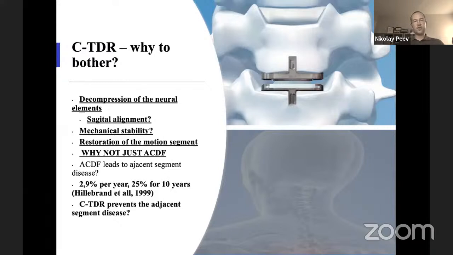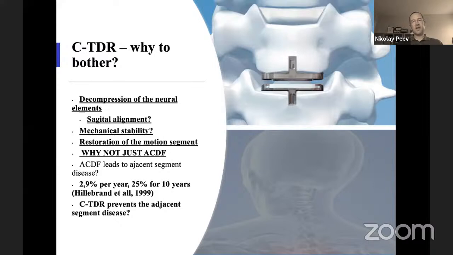What we have to do with the surgery is try to restore the sagittal alignment in case it's distorted. We have to achieve or restore mechanical stability in case we have problems with that. Restoration of the motion segment. Obviously, this is something that is not going with mechanical instability. If you have instability, obviously, you would not choose disc replacement.